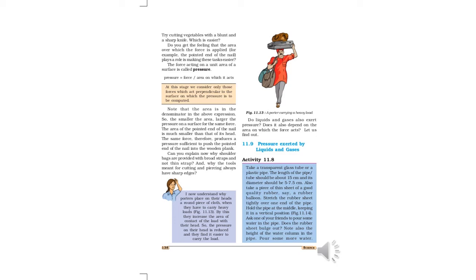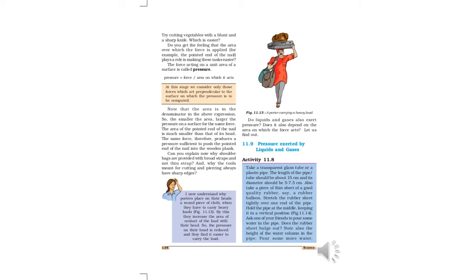So, how can you answer, or you can say the observation? When some amount of water is poured into the transparent pipe, tightened at one end with a rubber sheet or a balloon, it bulges out. The height of the water column in the pipe increases.